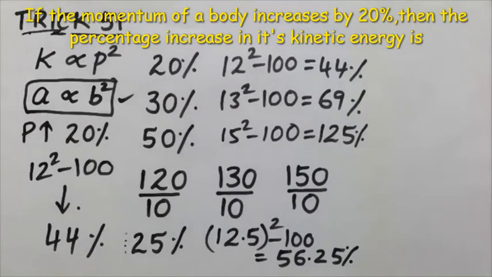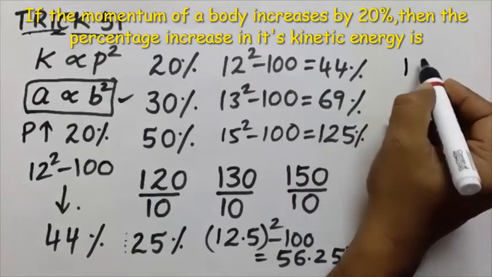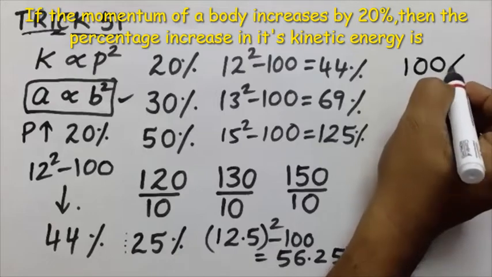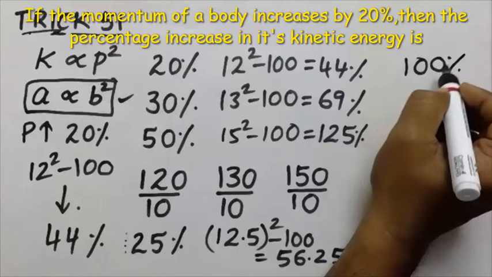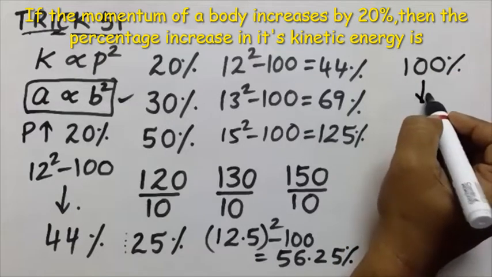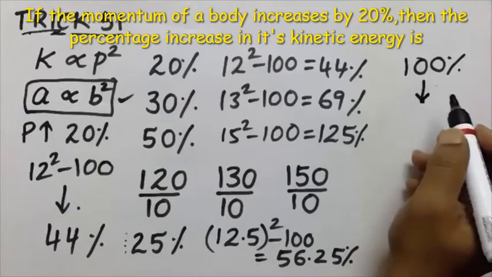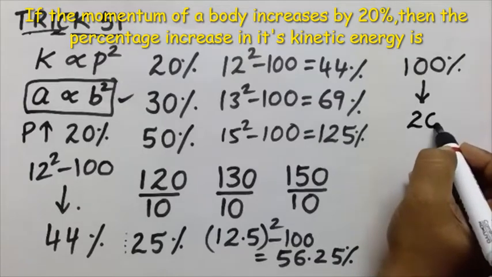Last example we will see. If at all momentum increases by 100%, in such case, what to do? Add 100 to this, so that it will be 200. Divide by 10, you will get 20.